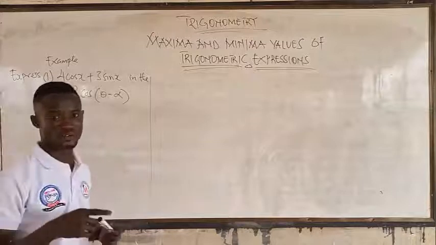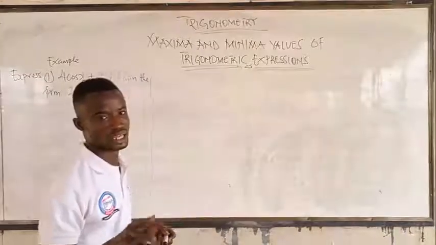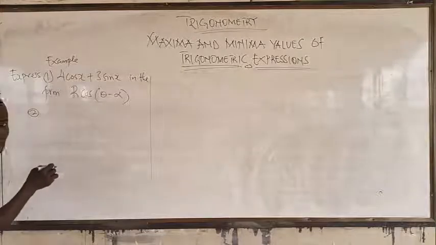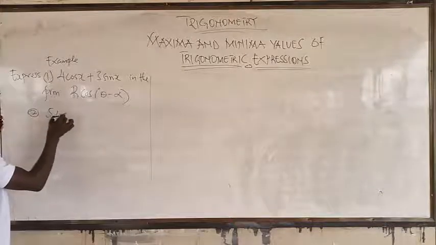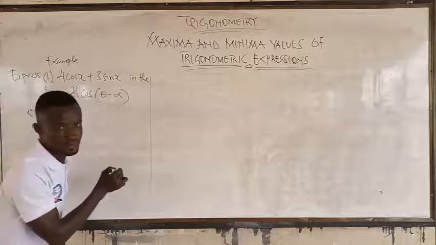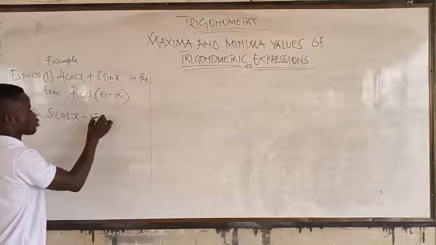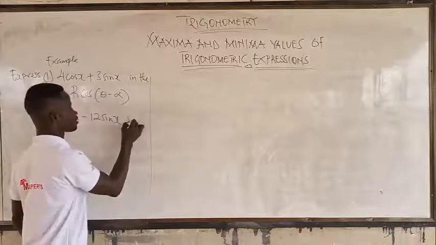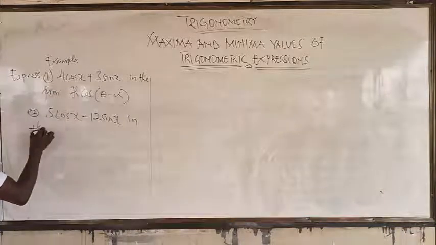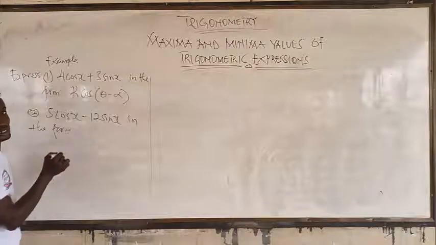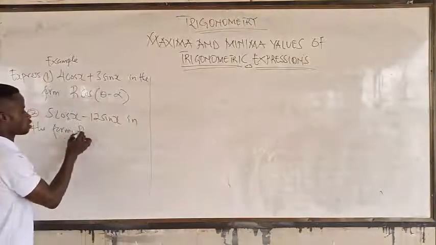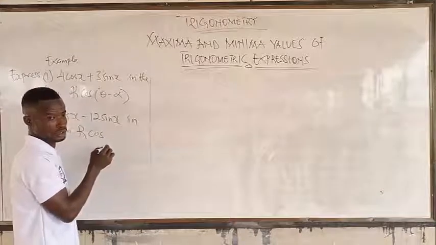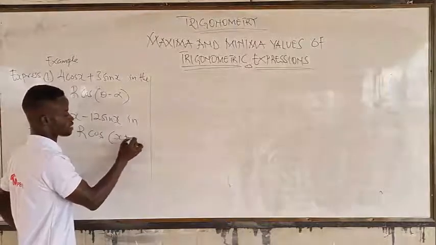Okay, we have another question also. All right, then let's maintain it. The second question says 5 cos x minus 12 sin x in the form r cos x plus alpha.